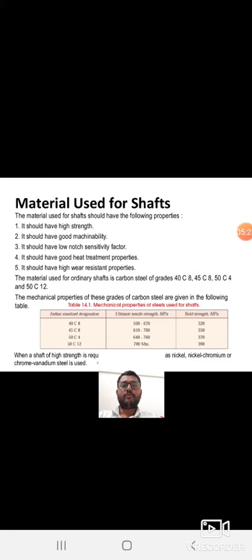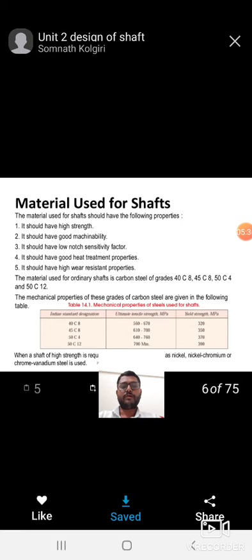The next important property is good heat treatment properties. The next is high wear resisting properties. Then the common material used for ordinary shafts is carbon steel of grades 40C8, 45C8, 50C4 and 50C12.